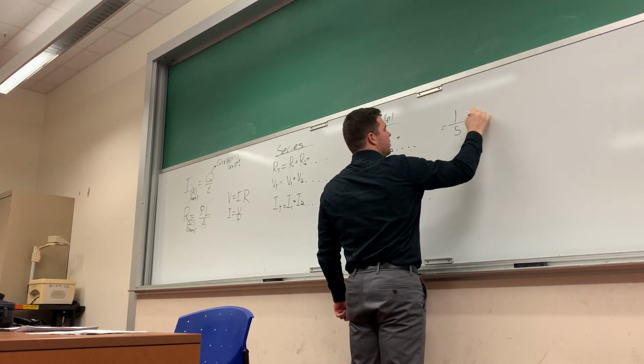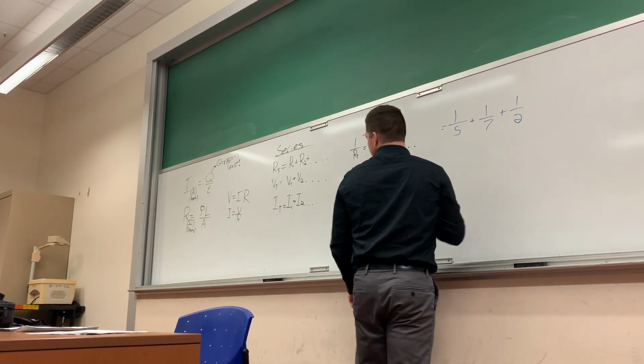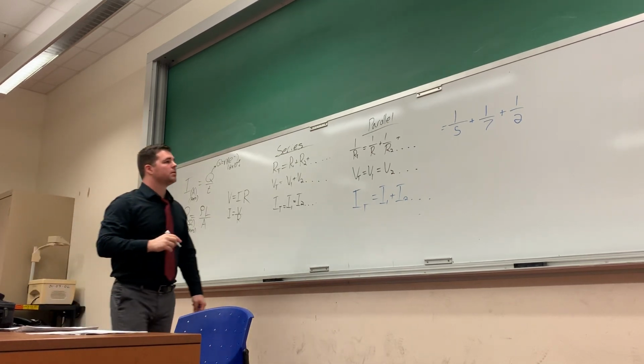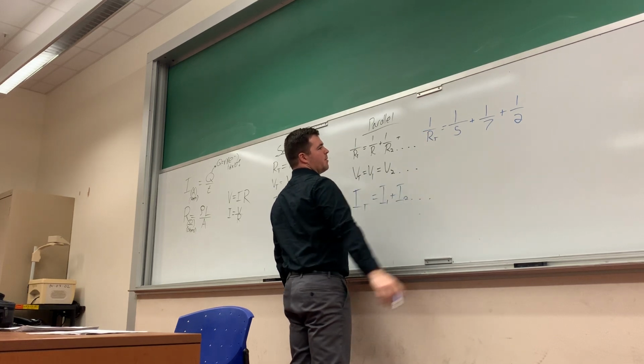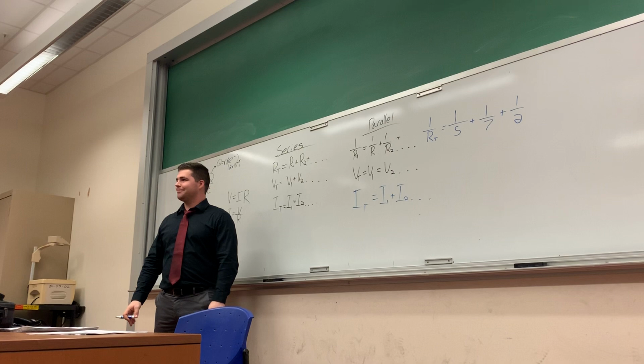1/5 plus 1/7 plus 1/2 will give me 1/R total. What's the common denominator of 5, 7, and 2? 40. Not 35. 40.